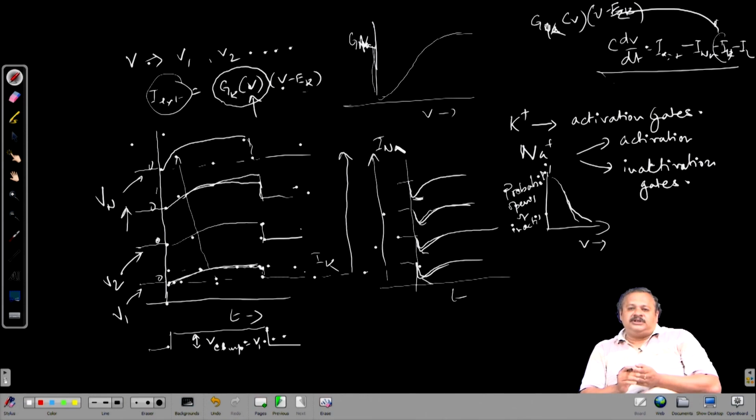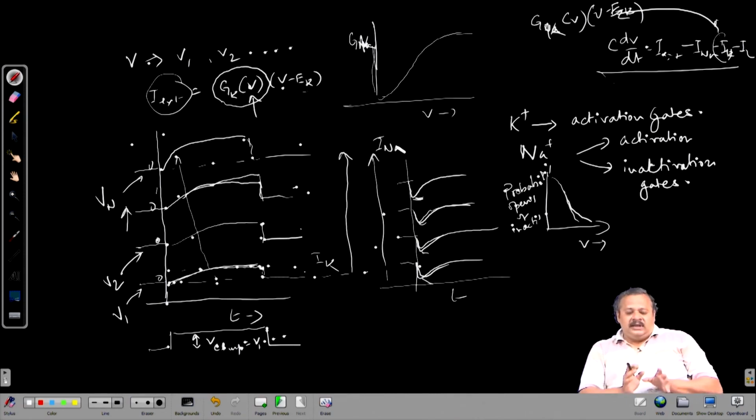And sodium channels have two types of gates, activation as well as inactivation. One behaves like the potassium channel gates and another behaves in the opposite way, that is, as voltage increases their closing chances keep on increasing, or their opening increases with decreasing voltage.